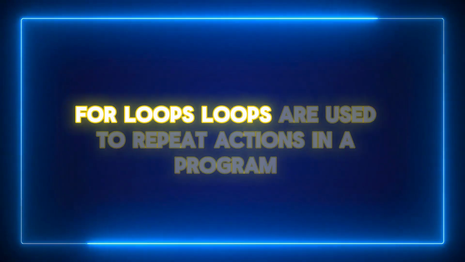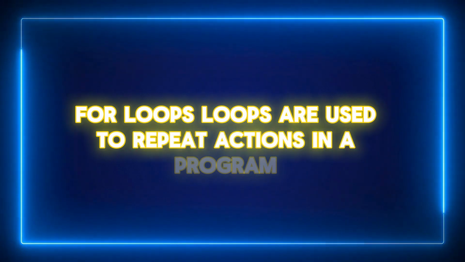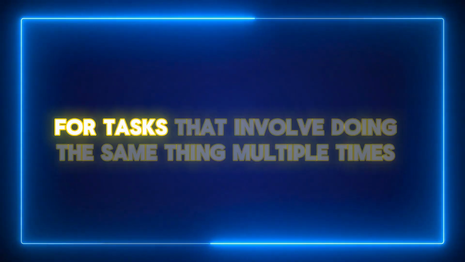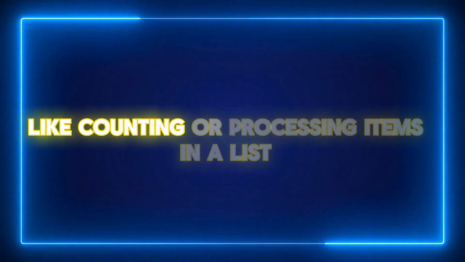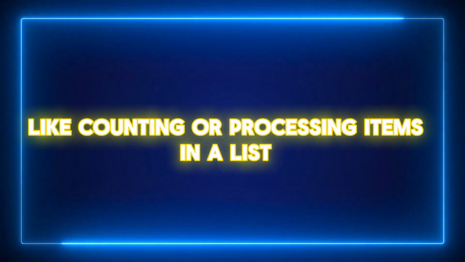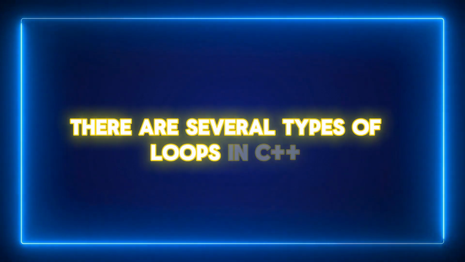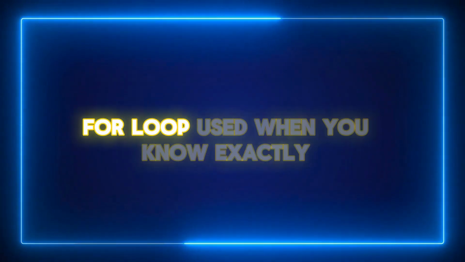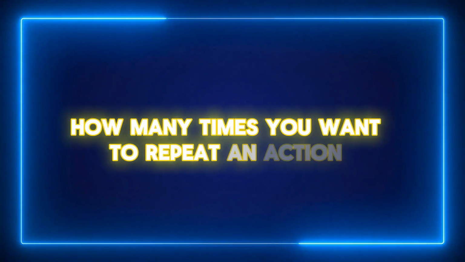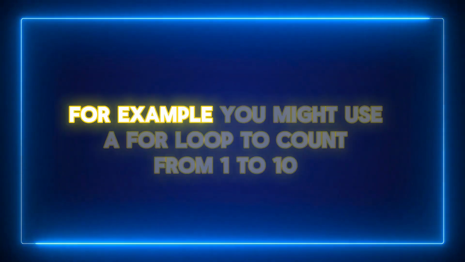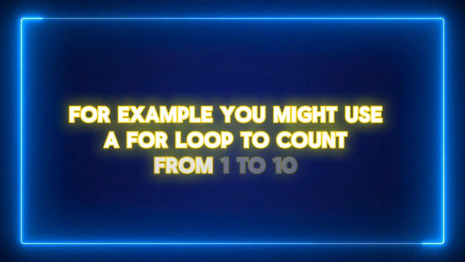4. Loops. Loops are used to repeat actions in a program. They're great for tasks that involve doing the same thing multiple times, like counting or processing items in a list. There are several types of loops in C++. For loop, used when you know exactly how many times you want to repeat an action. For example, you might use a for loop to count from 1 to 10.